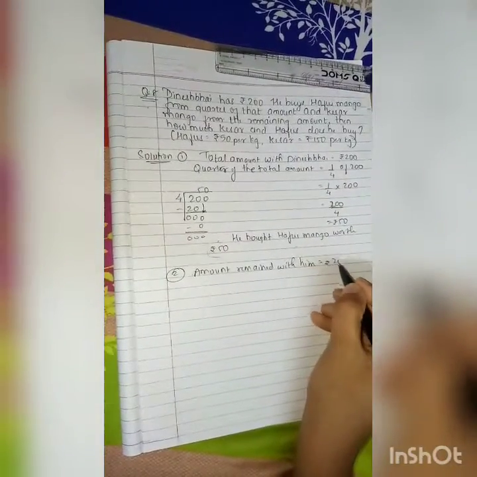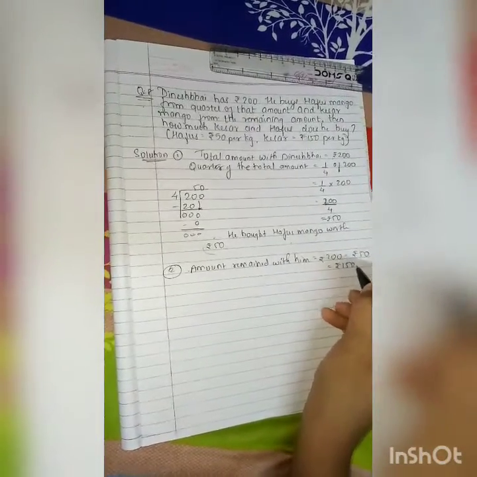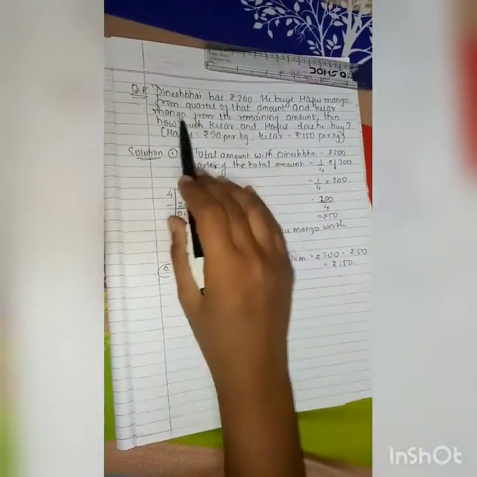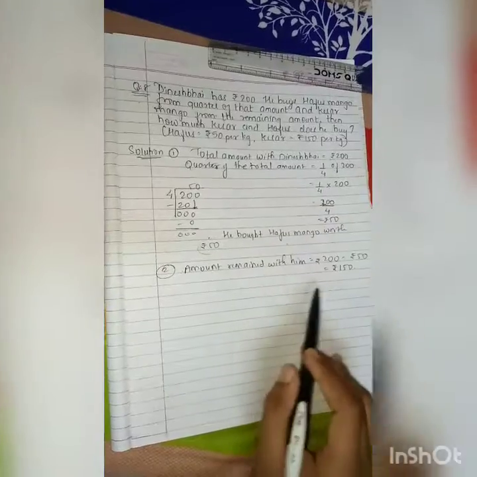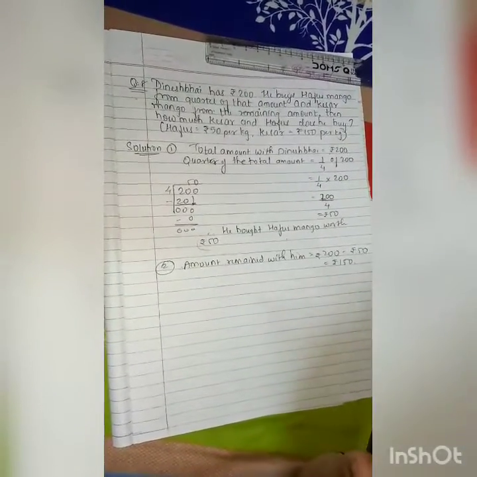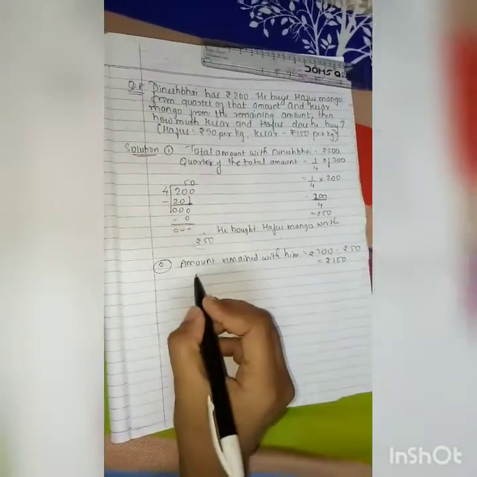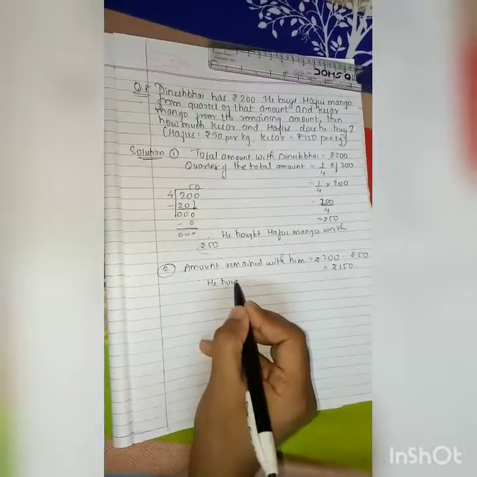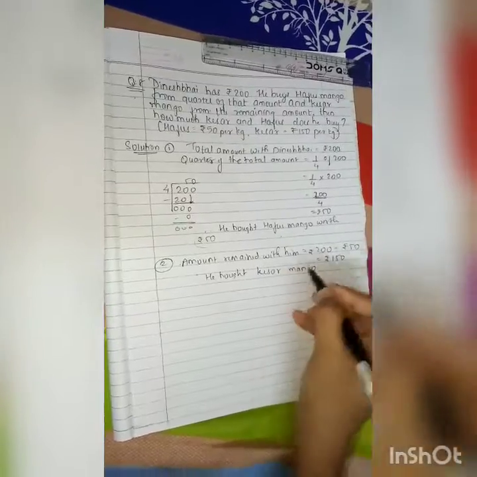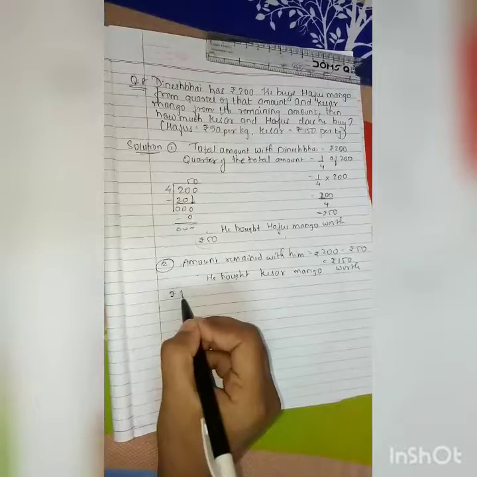Okay, so rupees 200 minus rupees 50, so is equals to rupees 150 is left with him. Okay, 150 is left with him. So what they are saying, and Kesar mango from the remaining amount. So he bought Kesar mango from this remaining amount. So 150 rupees he also spent on the Kesar mango. So therefore he bought Kesar mango worth rupees 150.